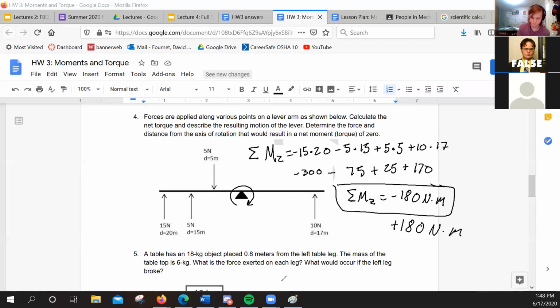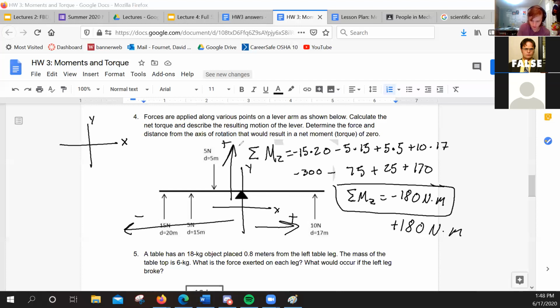Another way to look at it, you know how we talked about our coordinate systems? Basically, if we were to put this whole seesaw on a coordinate system, which it is, it's in a 2D coordinate system. So if we were to say, here's our coordinate system, here's y, here's x, everything this way is positive x, everything this way is negative x, everything up is positive y, and everything down is negative y, right?